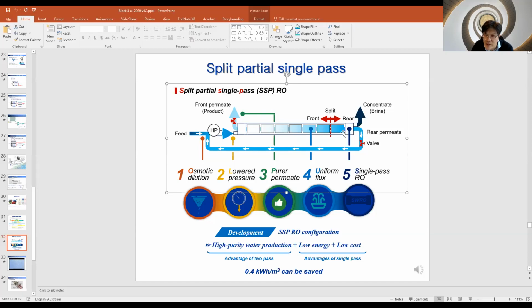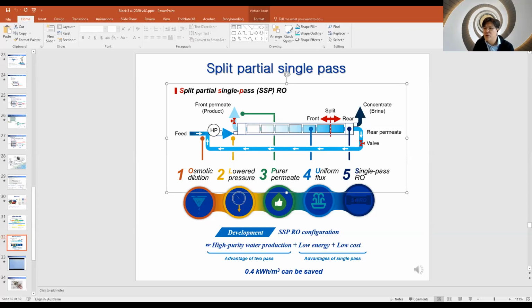and this relatively high concentration permeate does not mix with the other permeate and goes back to your feed water, which means your feed water TDS will be lower and your osmotic pressure will be lower, and this will keep circulating this way.